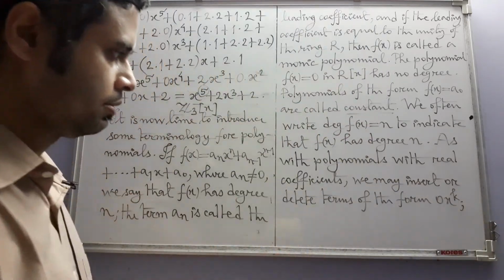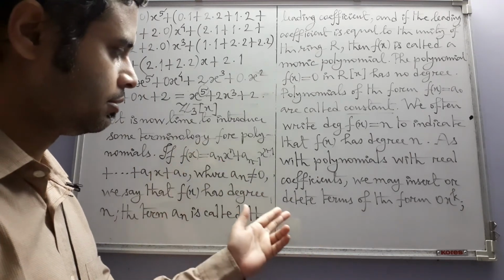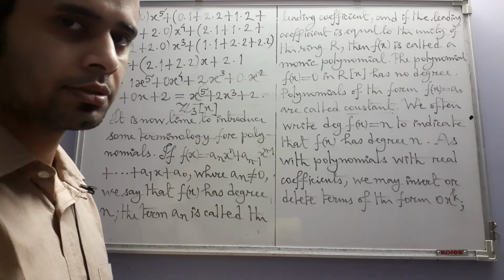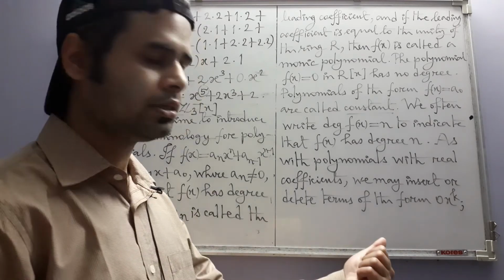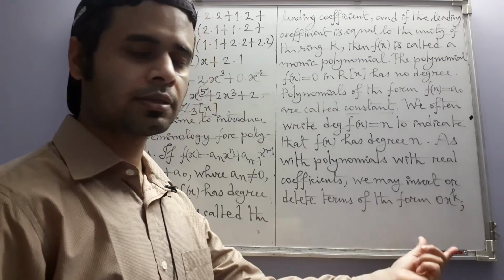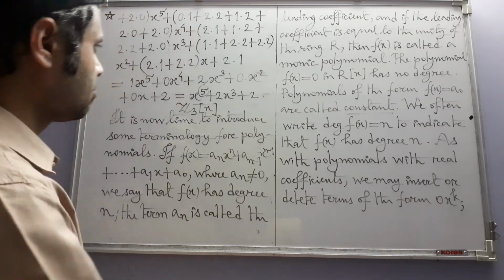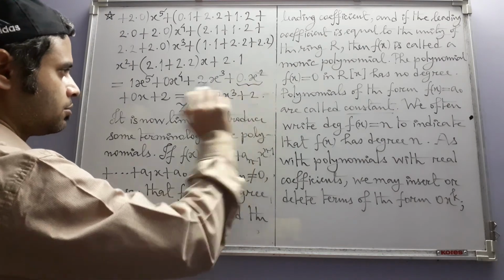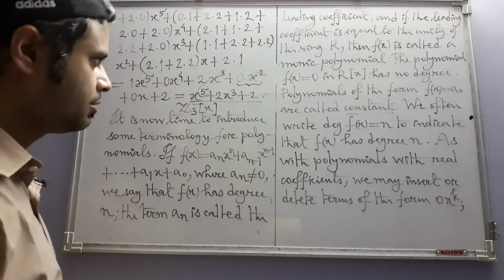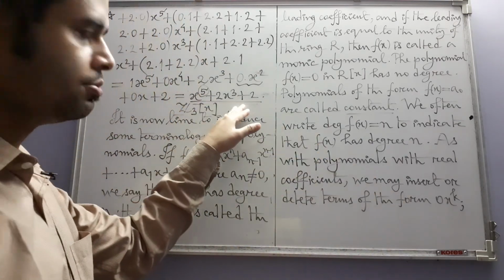So this is the same thing as we were saying back then about introducing invisible terms. That same thing the author is saying in this way. We can either insert any such term or delete any such term. For example, here we have chosen to ignore these things and we have written the polynomial like this. Even before this convention we are using this.